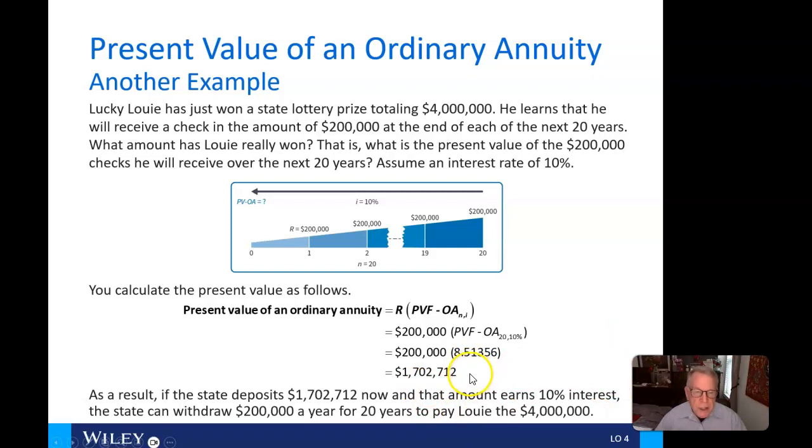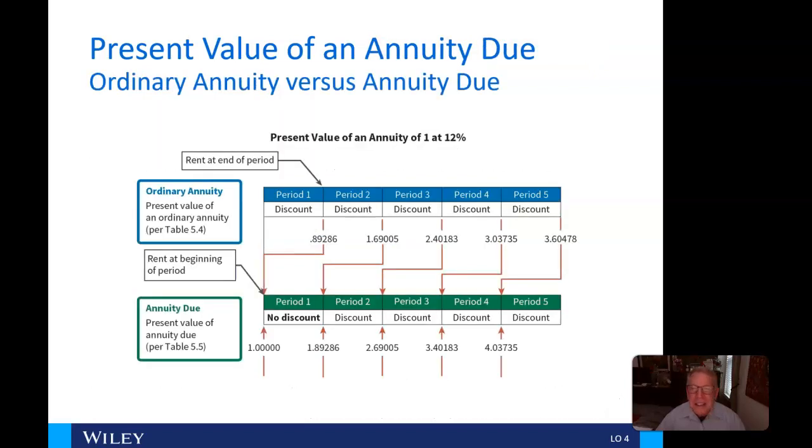So simply stated, I multiply the 200,000 here by 8.51356, and we get 1,702,712. That's how much he's really won, not $4 million, in present value terms. Quite a bit of difference between 4 million and 1.7 million, right?